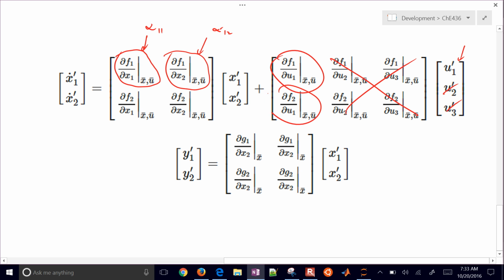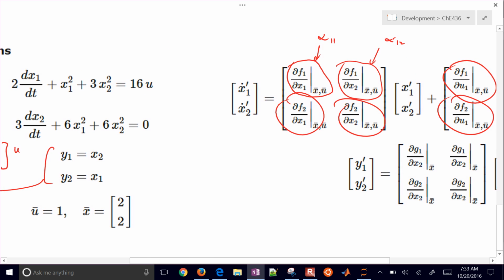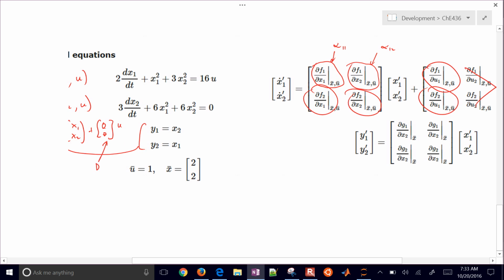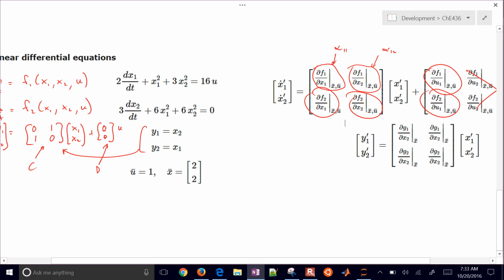We just have these 2 terms and these terms right here. So this is going to be our formula for creating these state space models out of a nonlinear expression. To do this, let's first fit this into the nonlinear state space standard form, and then we'll linearize it.